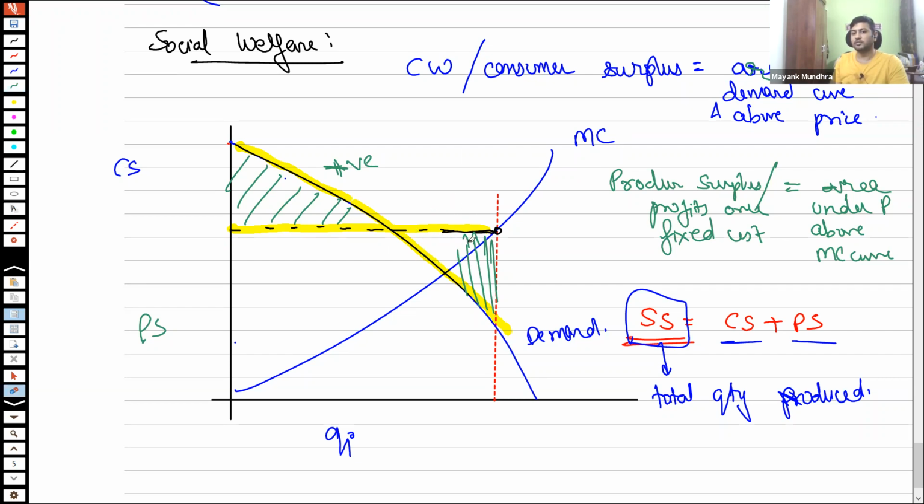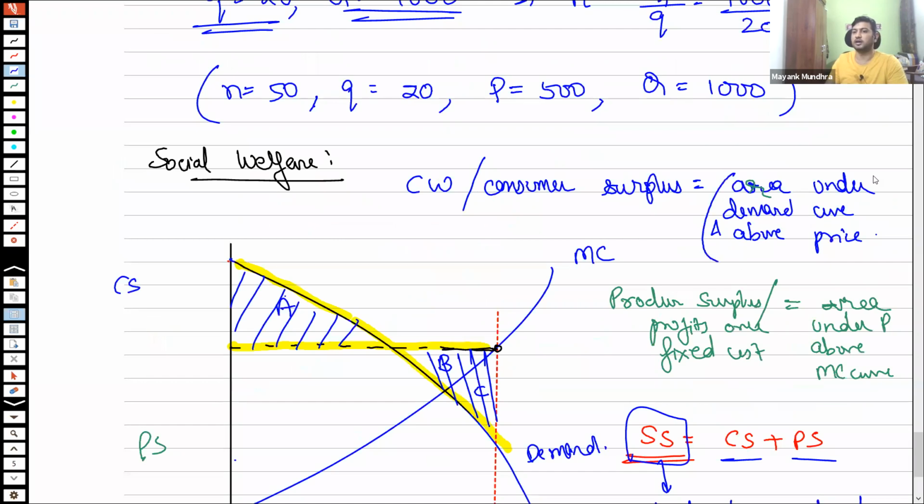Let me give these areas some names. Suppose this region is called region A. The magnitude of area is A here. This is B. This is C. So consumer surplus will be A minus B minus C, because A is going to be positive, B and C are going to be negative, since consumer surplus is area under the demand curve and above price.